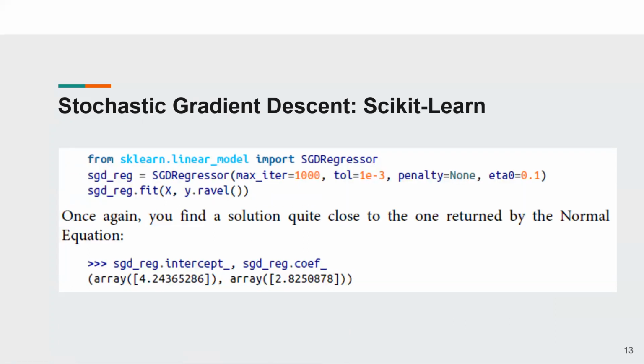So this is a scikit-learn implementation of stochastic gradient descent. You just use SGD regressor to fit, and once you do that fit, you're able to figure out the intercept and the coefficient. Again, it's very close, even though it's not 100% identical.